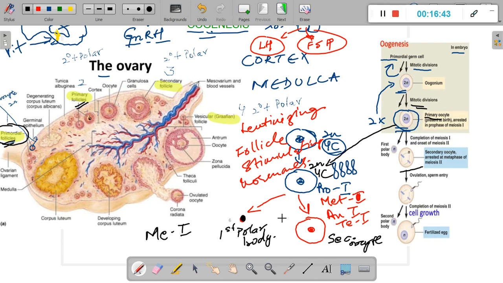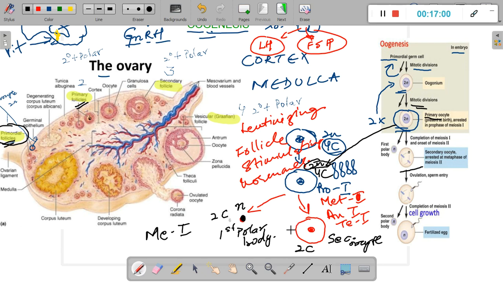When the primary oocyte divides into 2, its DNA is halved. So here the amount of DNA is 2C, and here also the amount of DNA is 2C. But what is the ploidy? The cells are no more diploid. The cells are haploid.